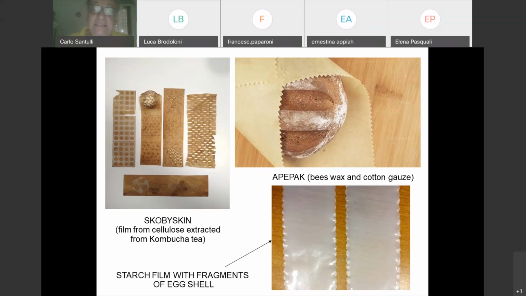This means that now we would like to produce false leather that works like leather but is produced from biodegradable materials, and SCOBY skin is good for that purpose. These are three of the countless examples of attempts to produce new materials using some waste, some natural materials.